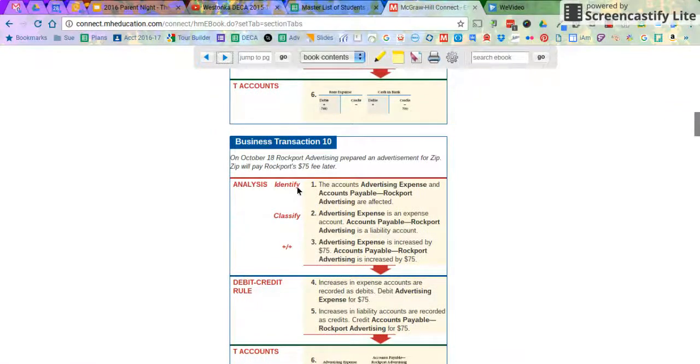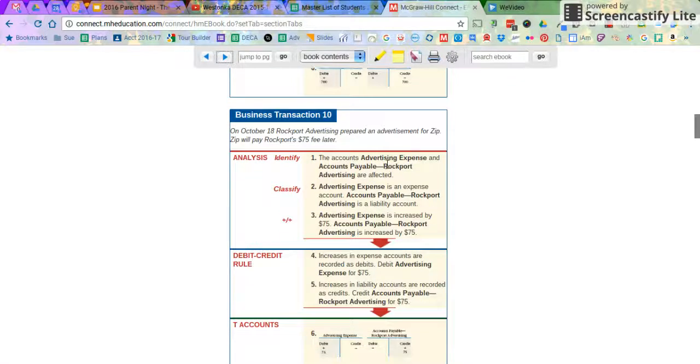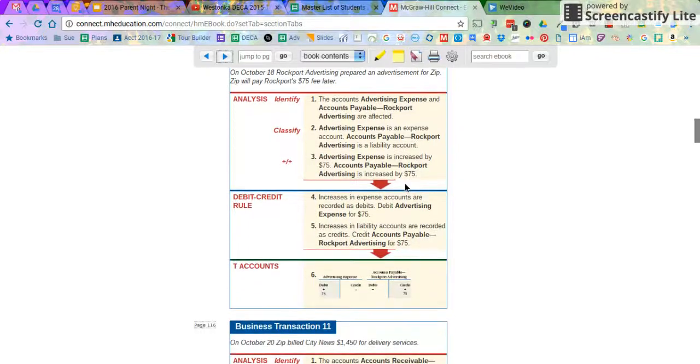Let's see. So here in our 10th transaction, we prepared an advertisement. So very similar to the last one. It's an expense. They're going to classify it as advertising expense. And they're going to agree to pay later. So here's where we're going to have an expense with a liability. Whenever we say we're going to pay later, that's going to be a payable, not a receivable. So our two accounts are going to be an expense and a liability.